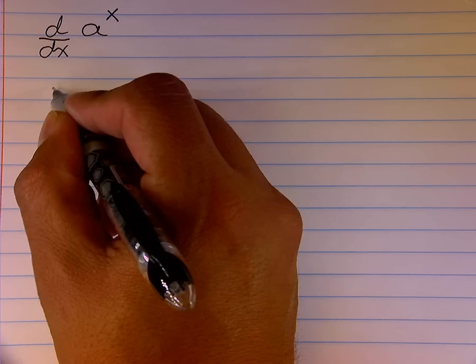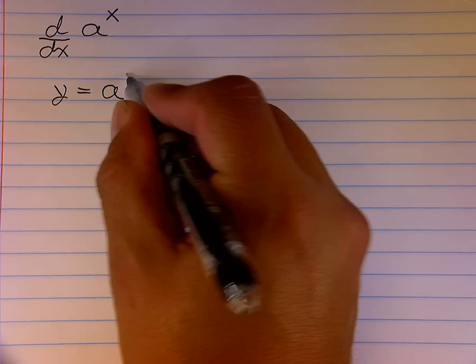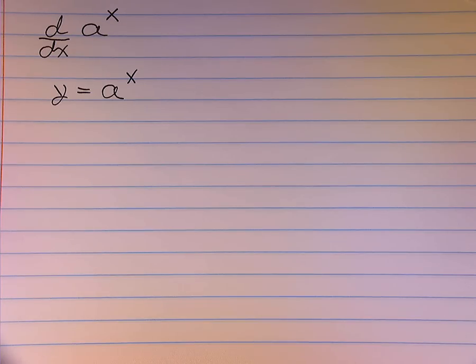Okay, I'd like to find the derivative of the exponential function a to the x. This is a little bit more complicated than e to the x. To take this derivative, I'm going to start off by letting y equal a to the x.